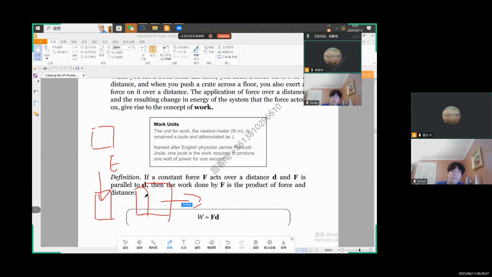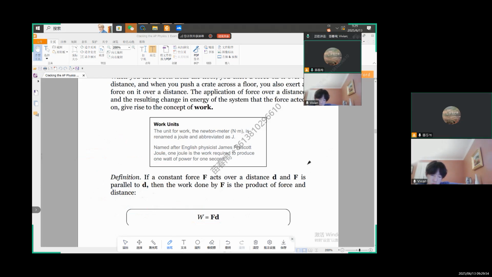So somehow the energy is transformed from the food to you and then does the work. So energy can be transformed from one form to the other, and of course, if it's transformed from one form to the other, it's the same unit, J.